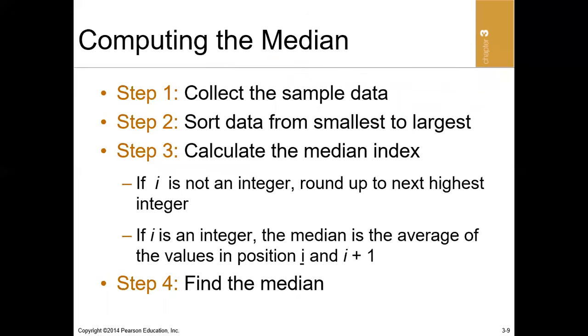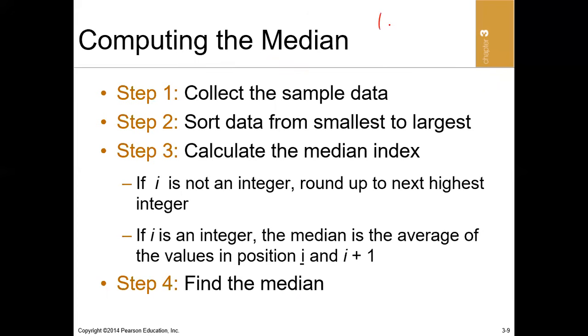So how do we compute median? The first step is that you collect the data. The second step is that you arrange the data from smallest to largest or from largest to smallest, whichever way. What is important is that the data must be in an array, all right? Now, after doing that, you have to compute the median position.